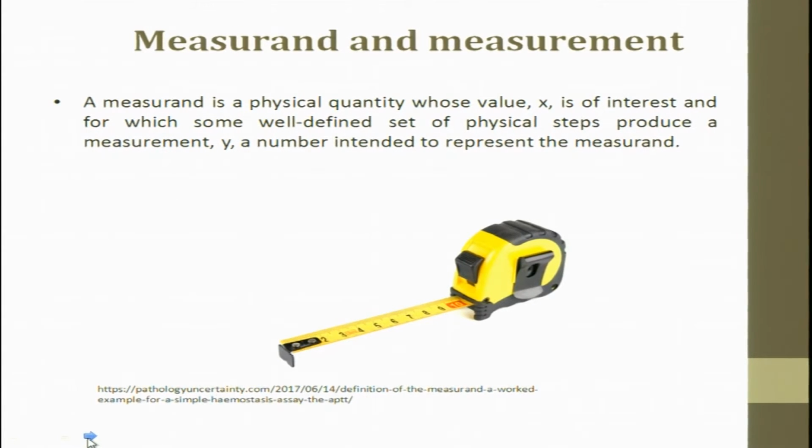Measurement is the one thing which we have been listening to, which we have been going through from the very beginning. So what is a measurand? A measurand is a physical quantity whose value x is of interest, and for which some well-defined set of physical steps produce a measurement, a number intended to represent the measurand. The measurand is actually the original value which we are trying to find, and measurements are the values which we obtain through experiments.